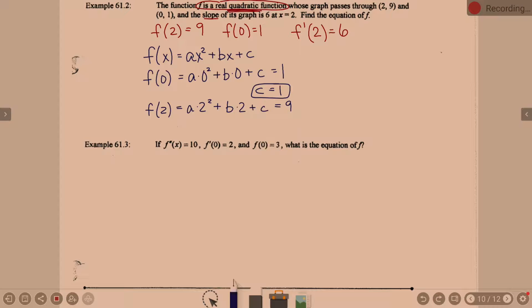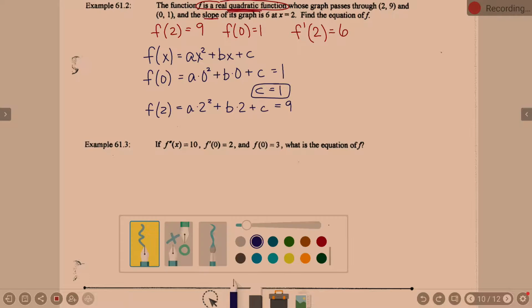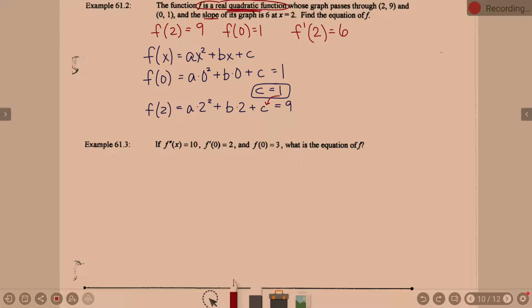Now you could be smart here if you want. What do we already know about c? c is 1. Could we use that information? You could use that information and replace c there, couldn't you?